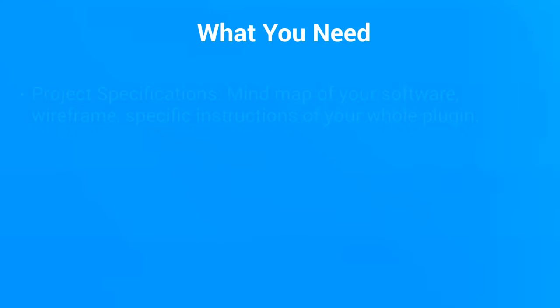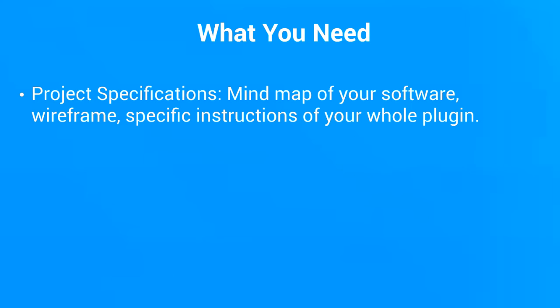All right, so here's what you need. You need project specifications already in hand, meaning you have to have instructions about your whole plugin. You're going to need to mind map your software. You're going to need to have a wireframe of it, and you're going to need to have a wireframe which contains user interface and all that information so that you can give that to the programmer.